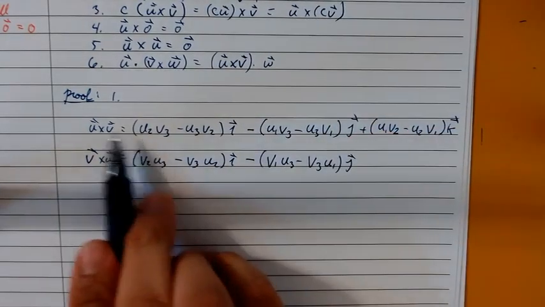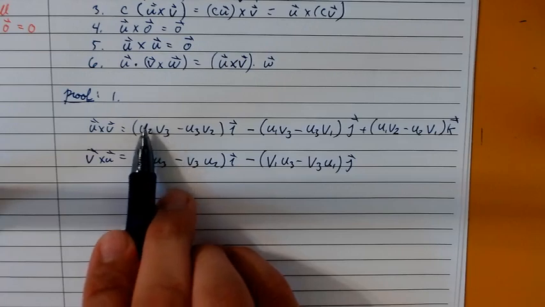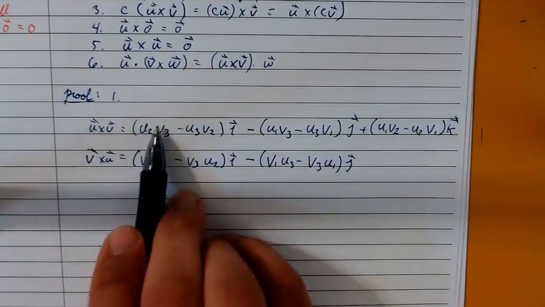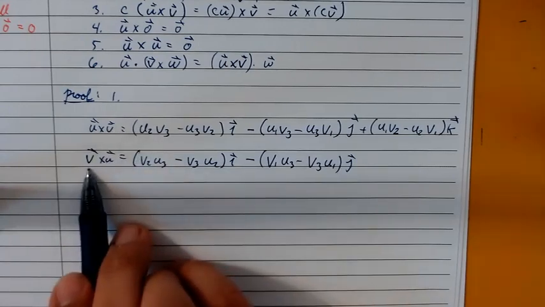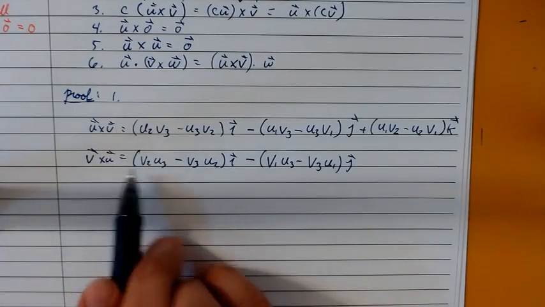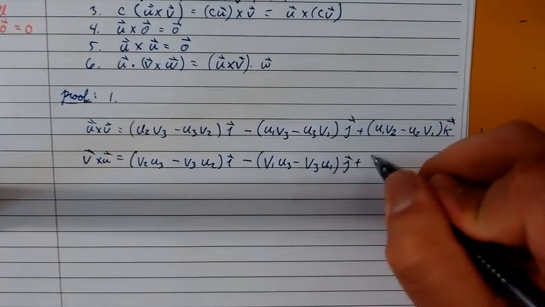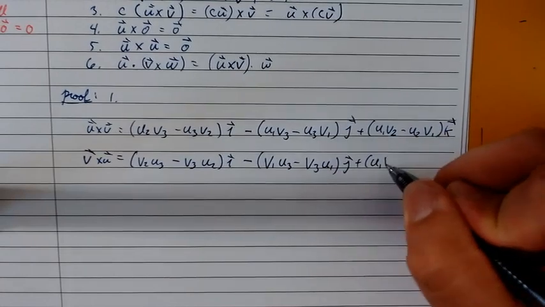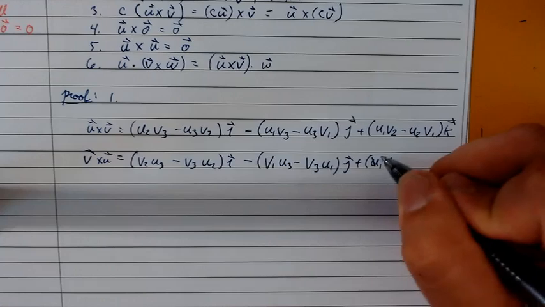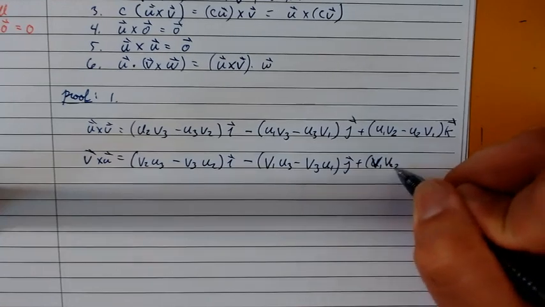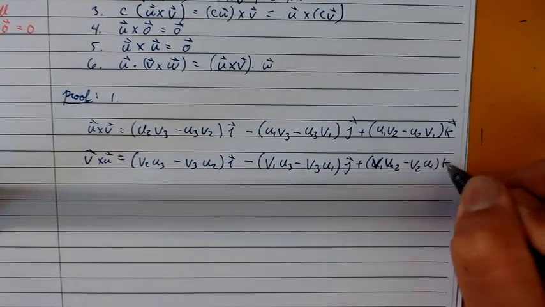It's always the first component of the one on the left, and then the second component of the one on the left, and the third component of the one on the right. By switching them, now this is the one on the left, so it goes first. And this is the one on the right, it goes second. And we do that all the way down. Plus V1U2 minus V2U1 K.